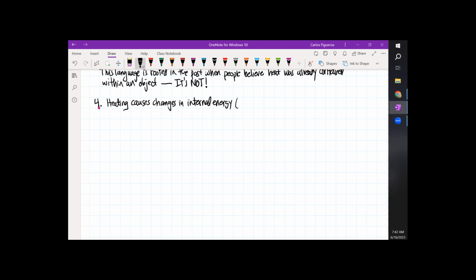So what I'm going to be talking about is heating. And this heating is what changes the internal energy. We're not talking about work where more complex materials have complicated internal energies.